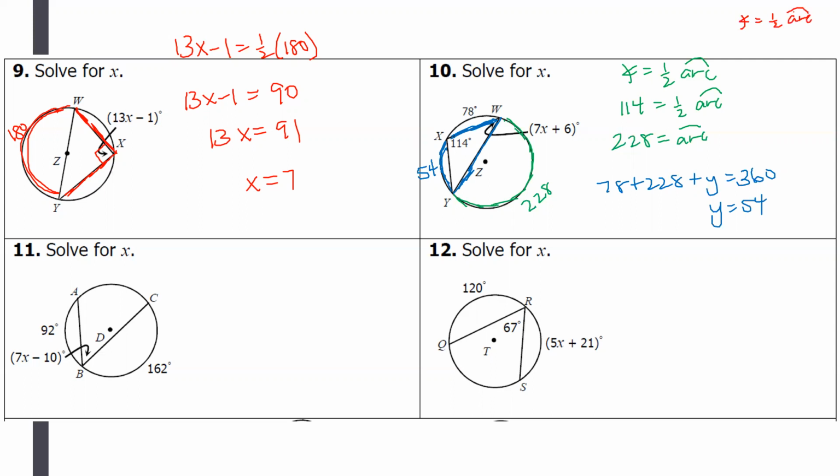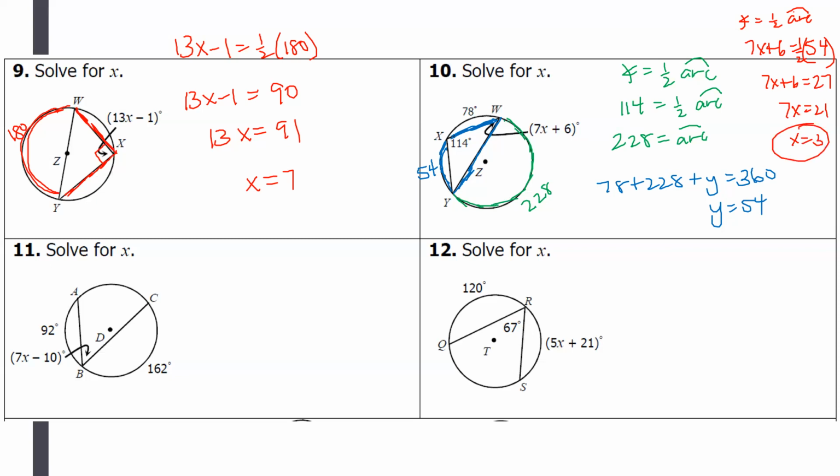The angle is labeled as 7x plus 6, and the arc inside of it is 54. I need half of that. Half of 54 is 27. So 7x plus 6 equals 27. Let's subtract 6 from both sides and divide both sides by 7.